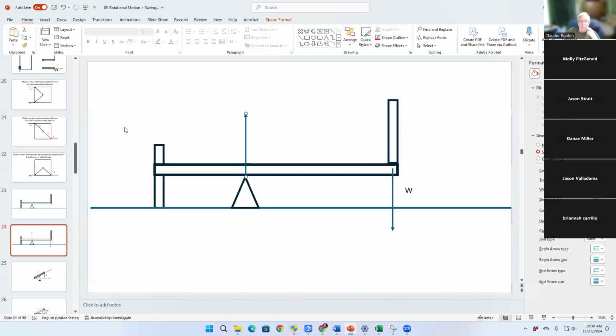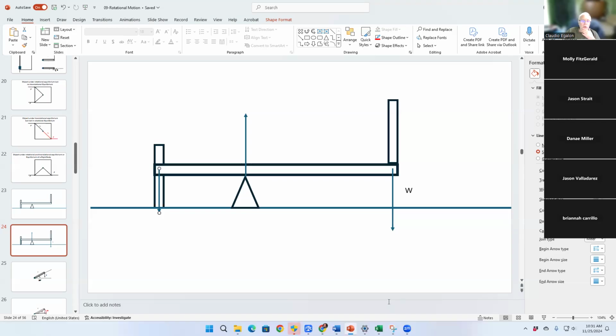Since this weight is making the board rotate in the clockwise direction, this bolt here must prevent the clockwise rotation, right? In order to prevent the clockwise rotation, the bolt must apply a downward force to the board, which will counter the clockwise rotation of this weight.